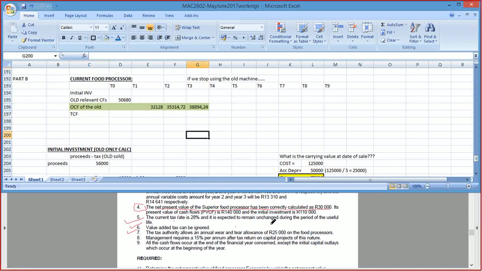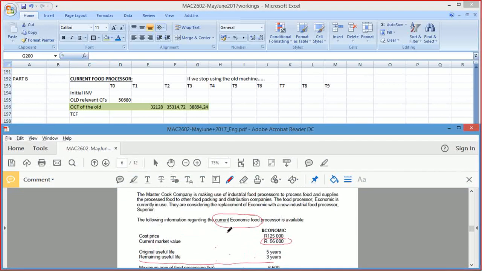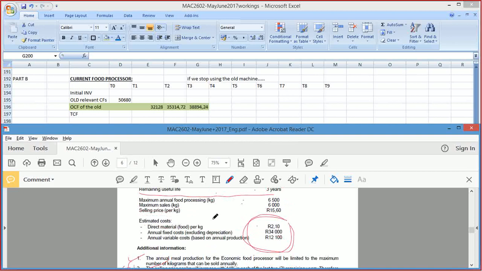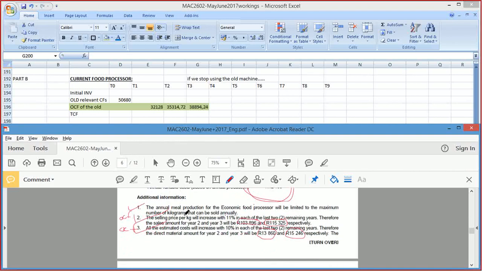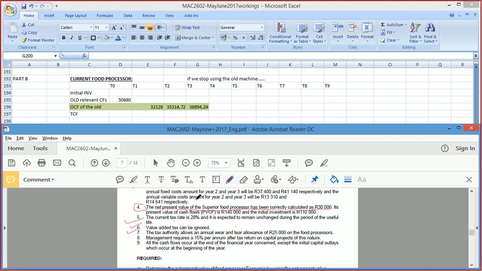Then we need TCF, terminal cash flow. I don't think I read anything in the question about what I could sell it at the end. Did they say anything here? Cost price, market value, useful life, the food processor, estimated costs, annual depreciation, variable, fixed, current management.